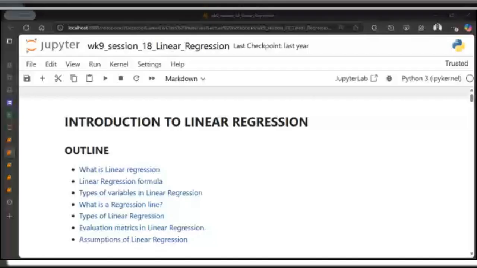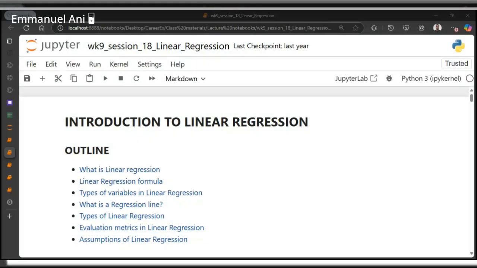Good evening, sir. My question is on the evaluation metrics. That area seems somehow unclear, but I know that we are going to train the model and then come back to testing. So should we say that during the evaluation metrics, you already know how the model will perform, and probably there might not be need for testing?